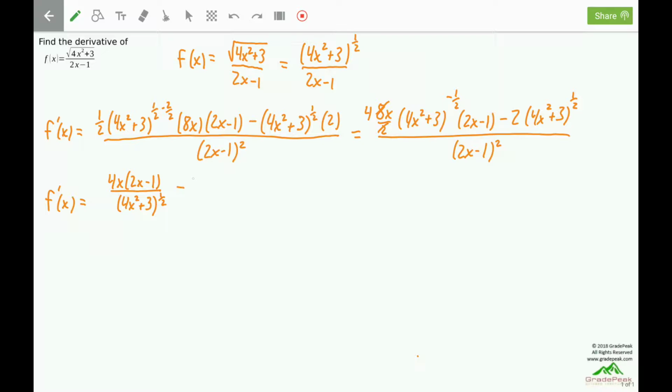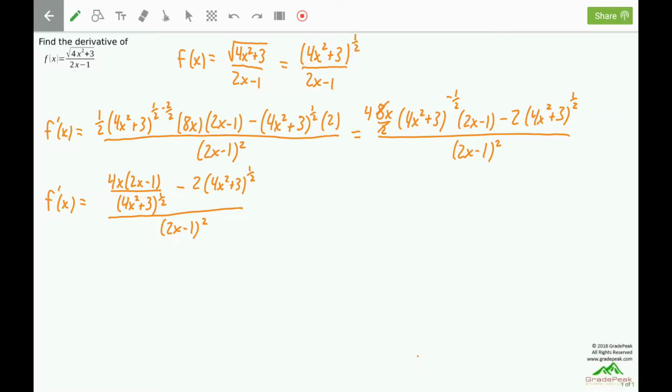Our next term, we have minus 2 times 4x squared plus 3 to the positive 1/2. And then all of that is over 2x minus 1 quantity squared.